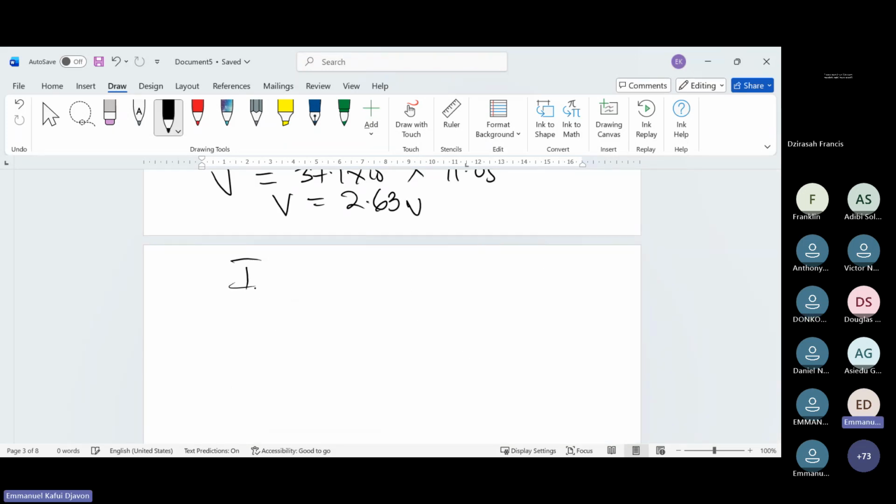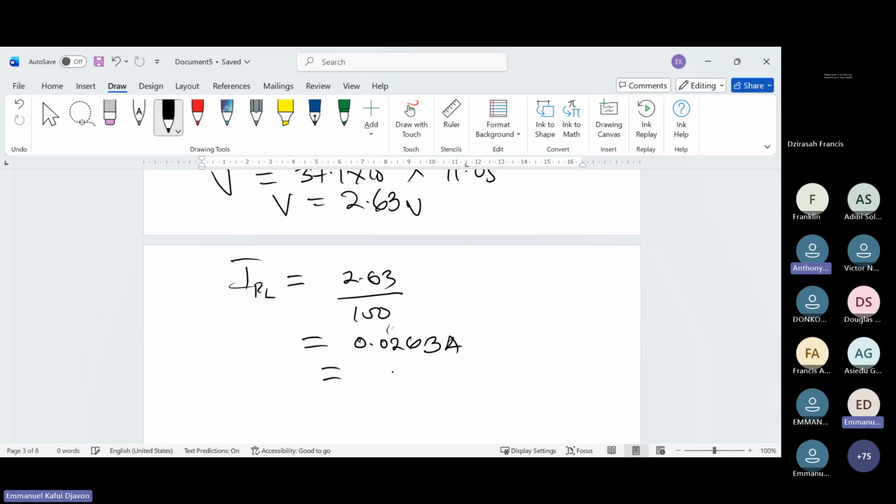So the current in the RL will be equal to the new voltage you got, which is 2.63, all over 100. That will give us 0.0263 amps.